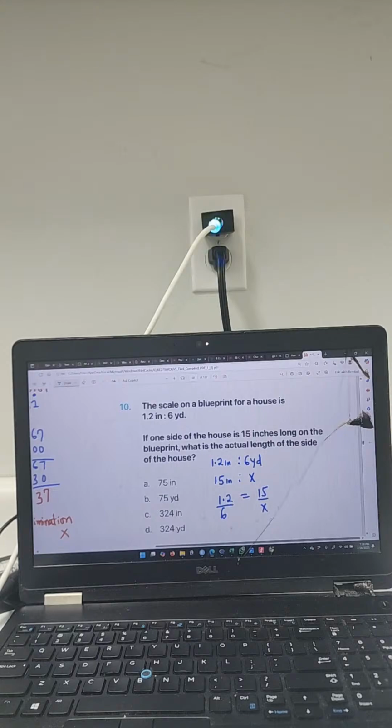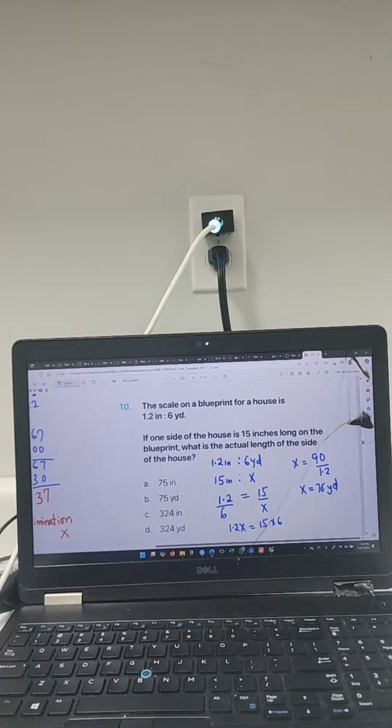You can cross multiply, which is 1.2x equals 15 times 6. And here you can have x equals 15 times 6 is 90, over 1.2. And x is going to be 75 yards.